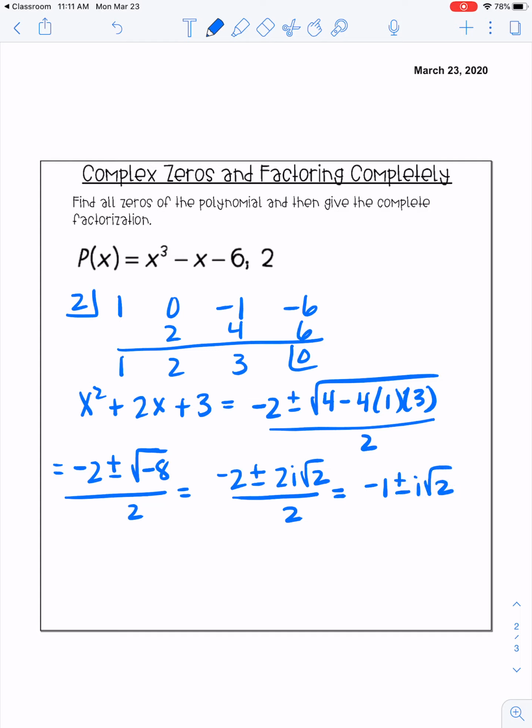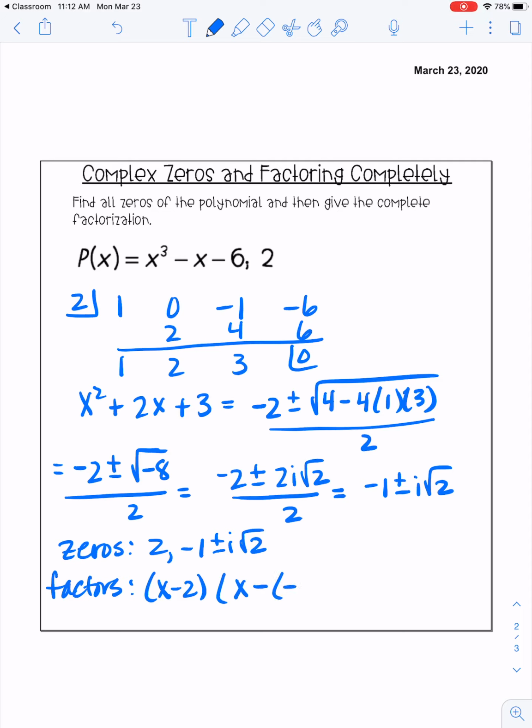So again, my zeros are 2 and negative 1 plus or minus i radical 2, but I have to write it in factored form as well. My factors are x minus 2. And then remember, I have to do the distributive property.